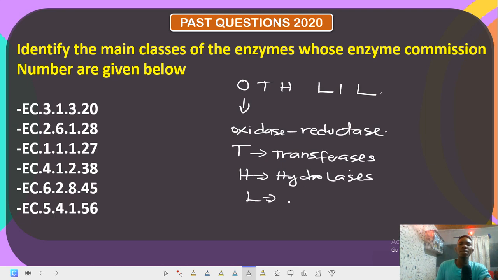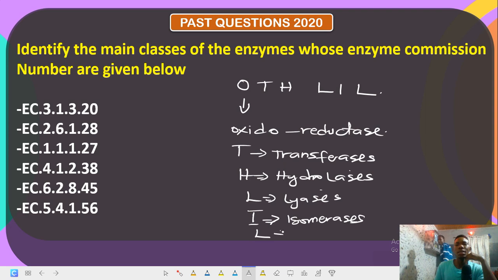This L means lyase. I means isomerases. And then L means ligases.